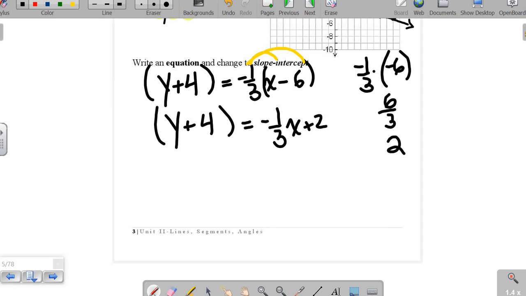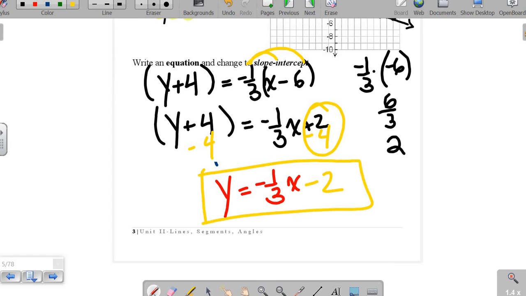So that's where that +2 came from. So we're going to add 4 to both sides to get y by itself. Hang tight, about to make a mistake. That is not +4. That's -4, of course, both sides. So that right there is -2.